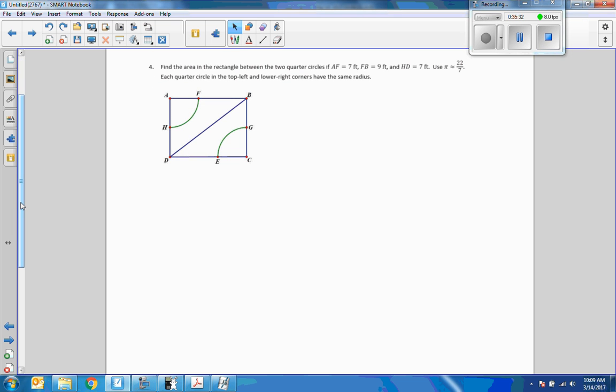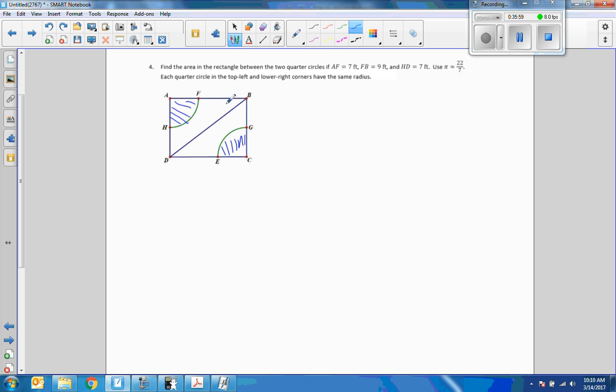Number 4, find the area in the rectangle between the two quarter circles. Okay, so they're looking for the area in the rectangle between the two quarter circles. What we're basically doing is getting rid of this piece, getting rid of that piece.